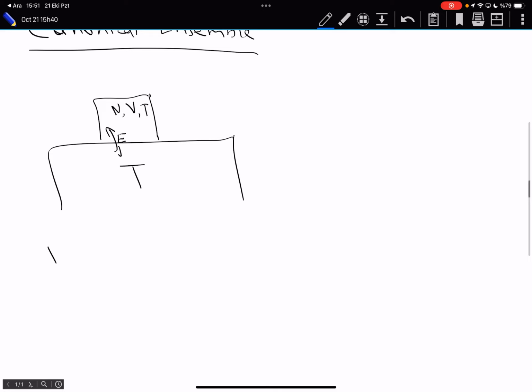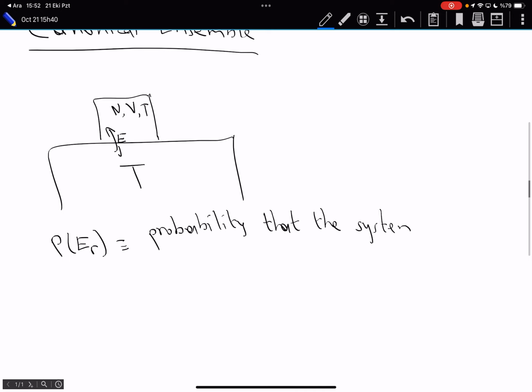Now we ask the same question. What is P? Let me define P of E_R to be the probability that the system, this is my system, is in the microstate R that has energy E_R.